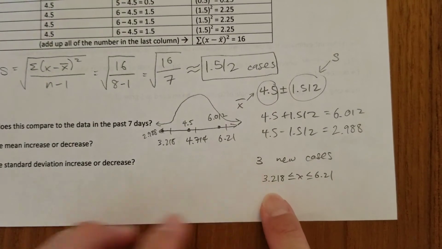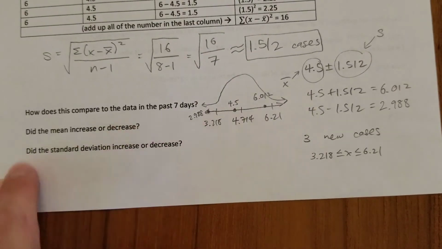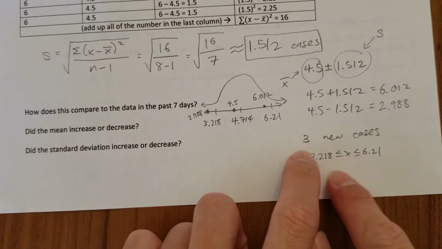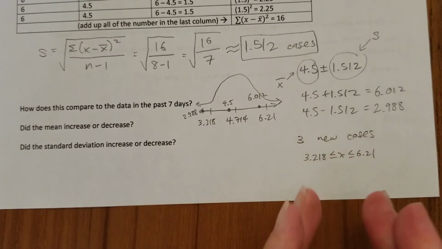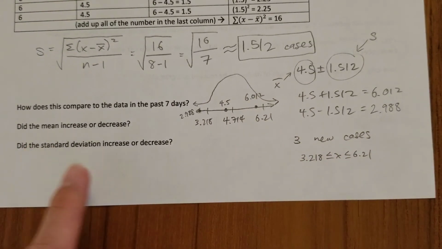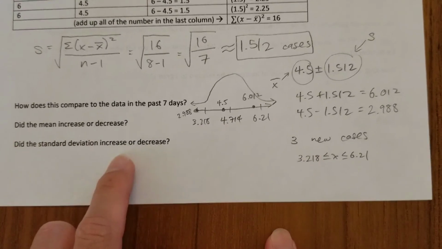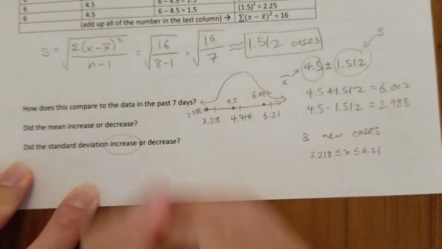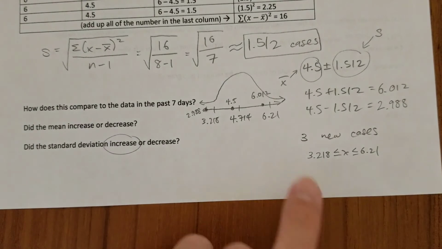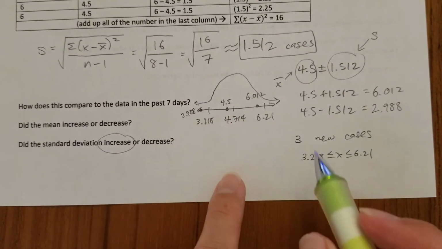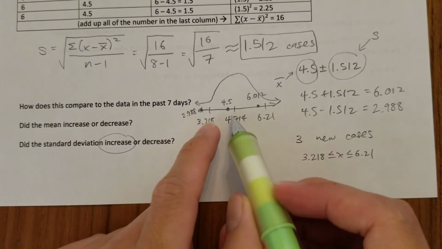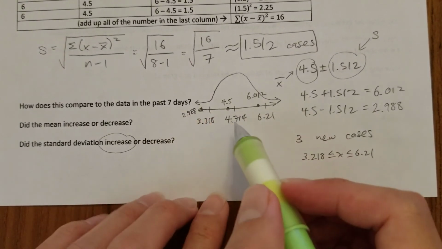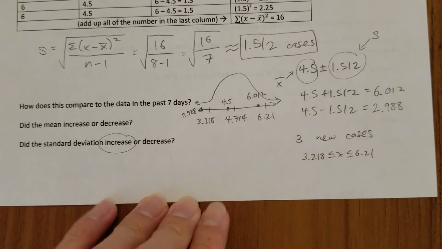if I'm going to answer this question first, standard deviation. Because it fell out of this range of values, this means that the standard deviation should increase. The reason for this is because we're getting farther and farther from the actual mean or average that we had earlier.